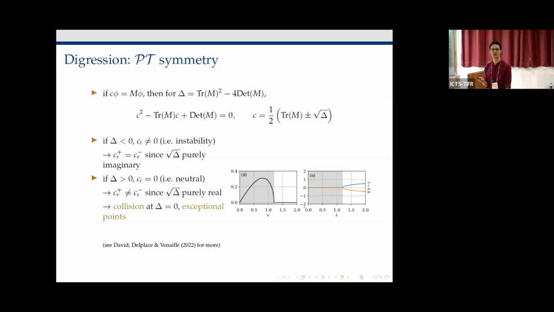From a PT symmetry point of view, this is the region where the PT symmetry is preserved. This is known as an exceptional point. You have what's called level collision at these exceptional points, and you have a coalescence of modes.